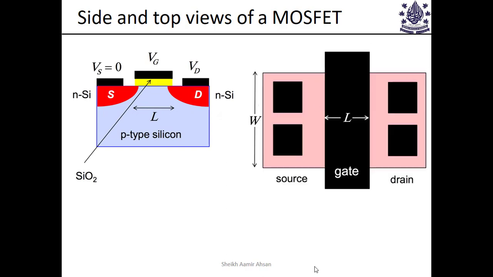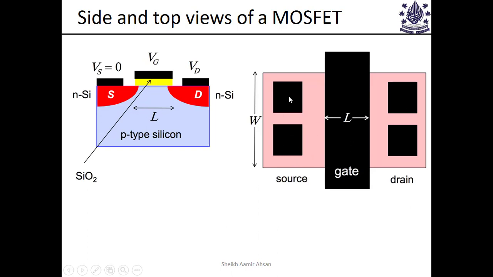Anyway, this is the top view of this MOSFET. The same structure: this was the side or front view, and now we are seeing the same structure from the top, in the vertical direction. Here you have a gate, which is the layout of the gate. These are the source and drain contacts.